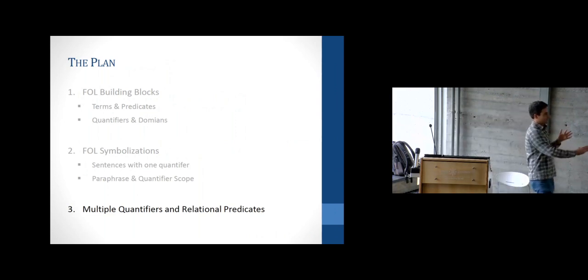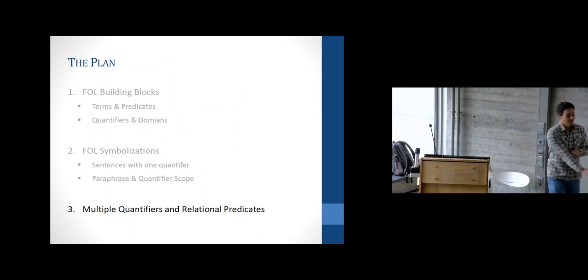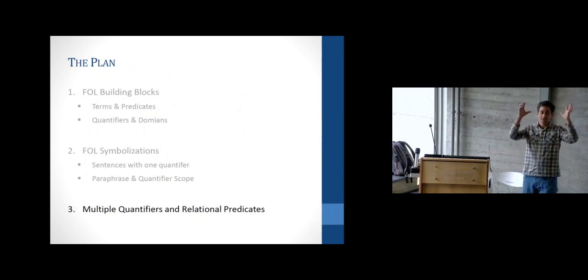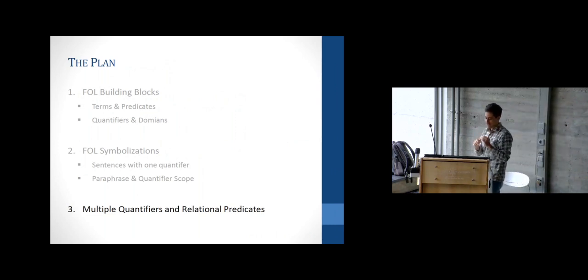Let's move on to more complications. First of all, we haven't seen multiple quantifiers in one sentence applied to each other. We'll see that. And we've only seen predicates which are properties: is nice, is American, is handsome, describing a property.